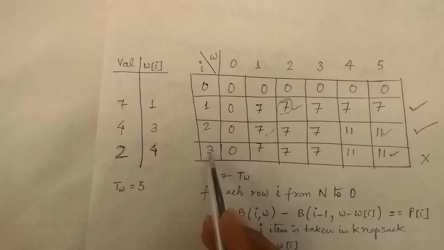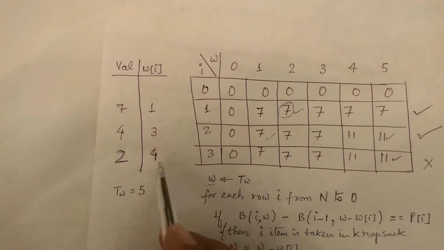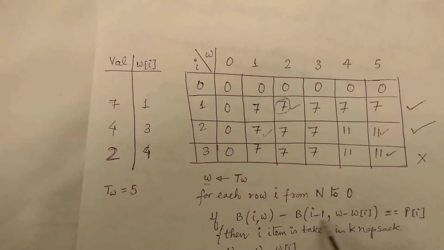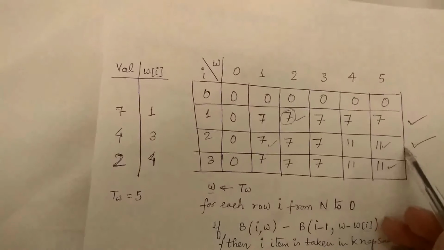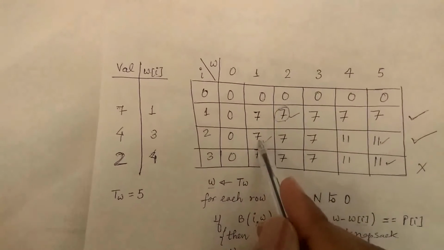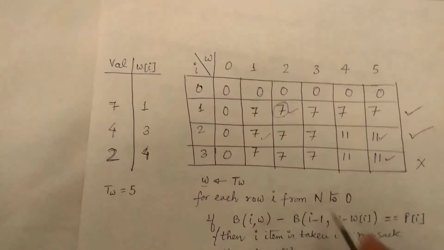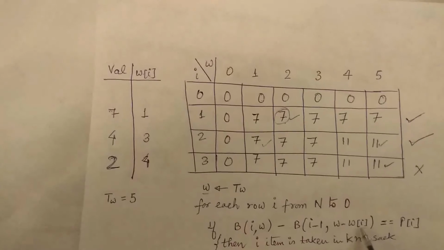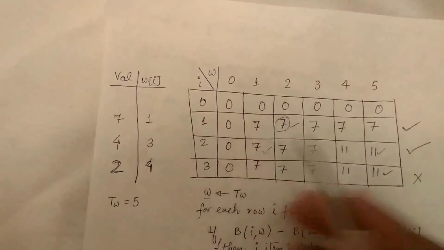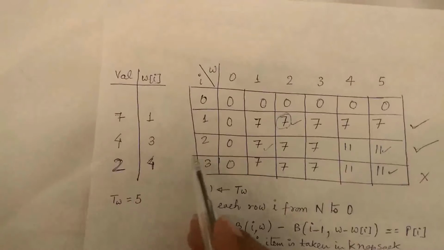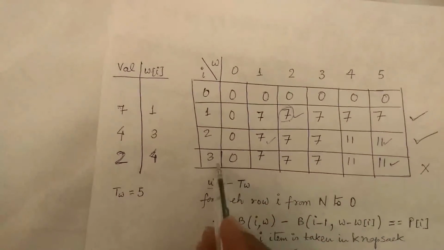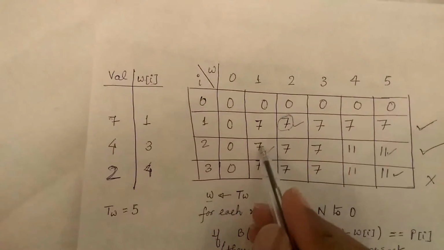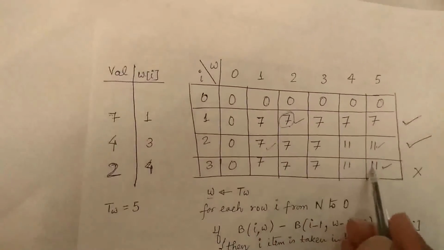This item is item number 3, whose weight is 4. So 5 minus 4 is 1, and we have to look up the previous row. So in the previous row, for column 1, because 5 minus 4, weight of current item subtracted from current W, this is 7. Now we will subtract 7 from this 11. So what do we get? We get 4.